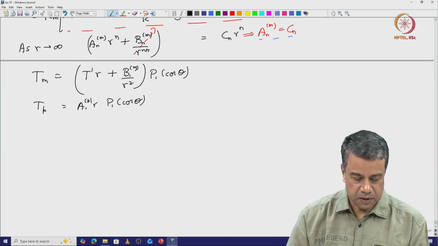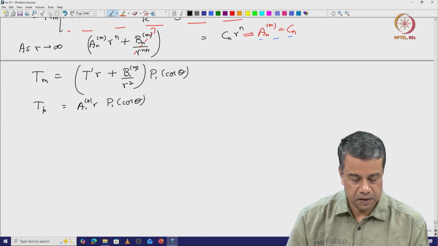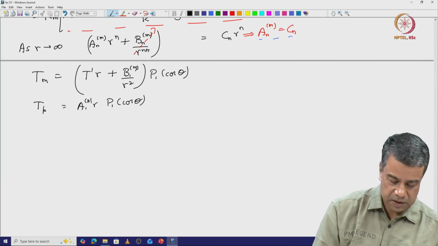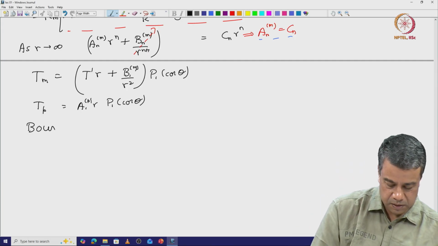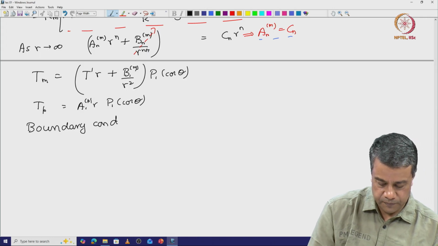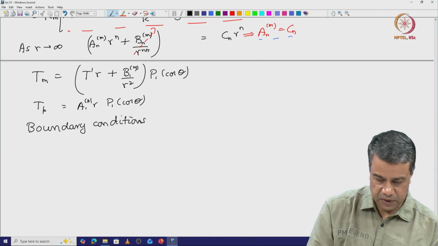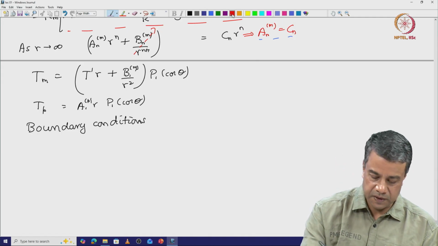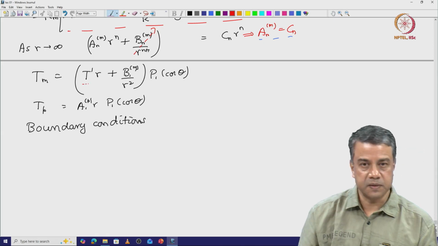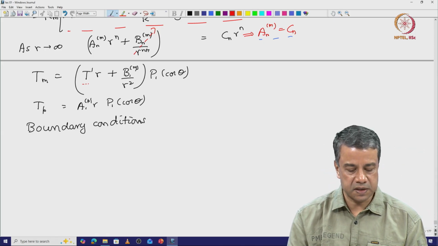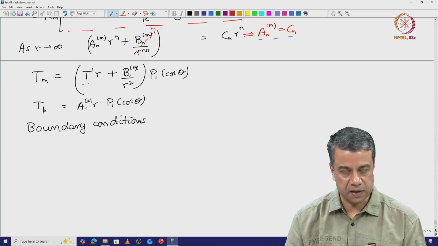Okay. So, now that I have this, I have to find out the coefficients A1p and B1m. Okay, and those come from the boundary conditions at the interface. Note that I have already enforced the boundary condition as r goes to infinity. That is why this term is equal to T prime. In the limit as r goes to infinity, I get the matrix temperature as T prime r P1 of cos theta.